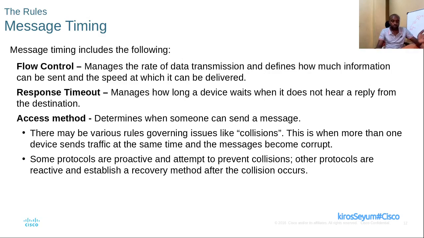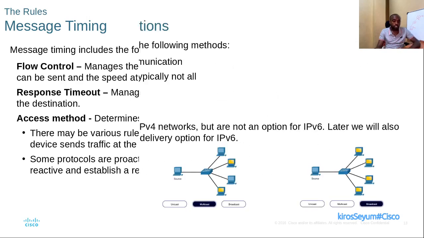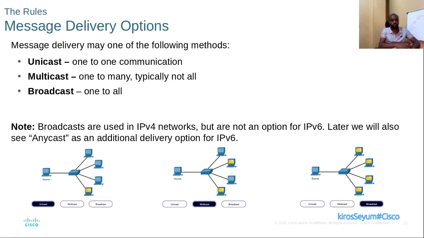There are many protocols for collision prevention, collision avoidance, or collision detection techniques, and they have to agree on these protocols. So you can have different ways of message delivery. One-to-one communication is called unicast.